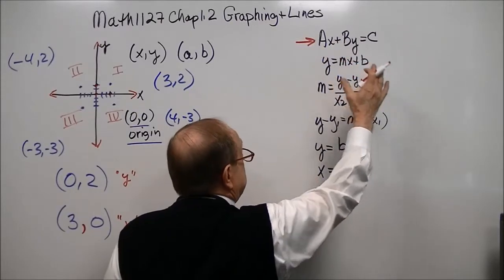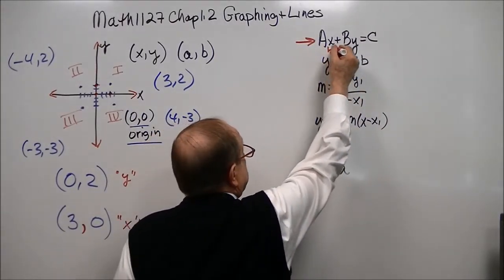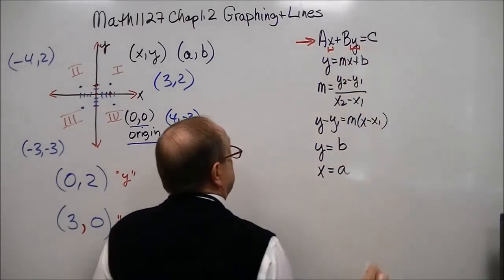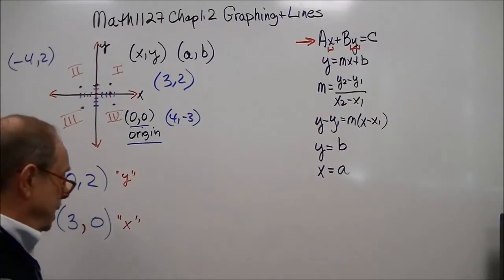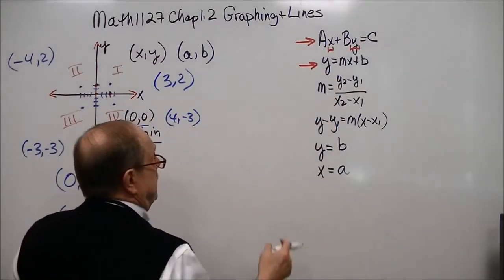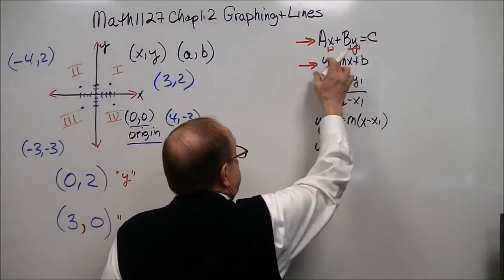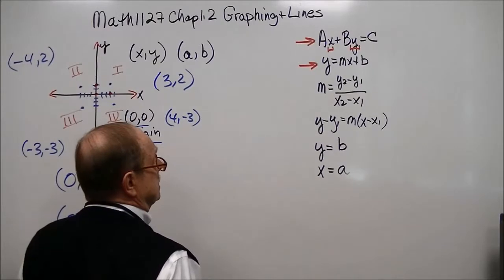of the linear equation, because these are lines in two variables, x and y. Standard form. This equation, if we solve for the letter y, usually we end up with something like this.